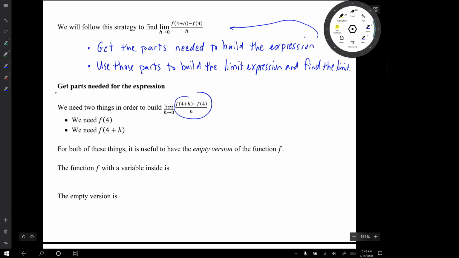For both of those things, it's going to be useful to have what I call the empty version of the function f. So remember that the function f with a variable inside is the following. And what I call the empty version is the same expression but with every x replaced by just an empty pair of parentheses.